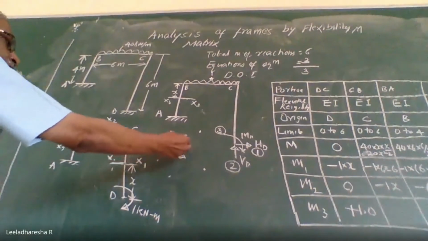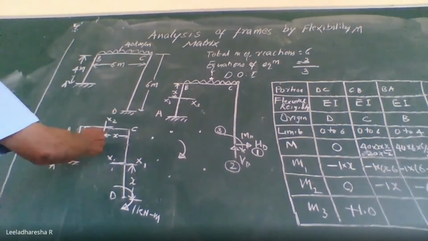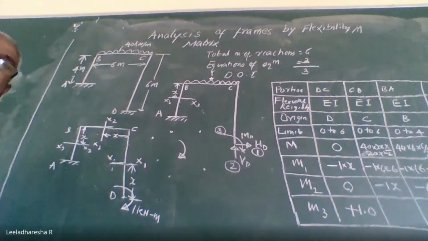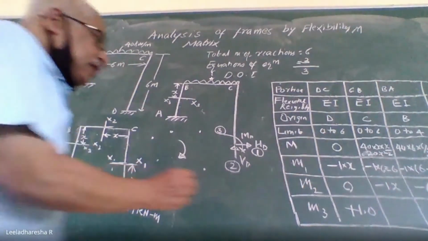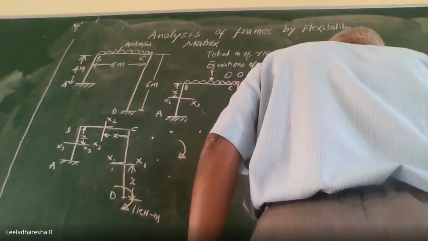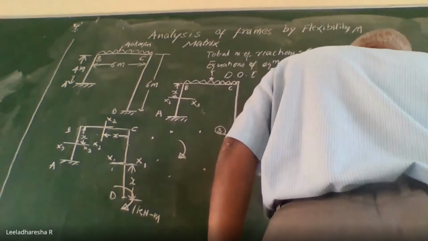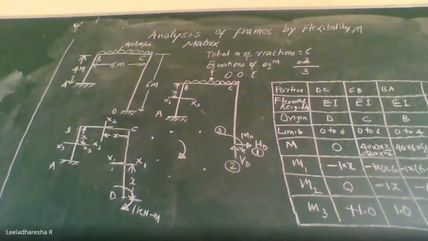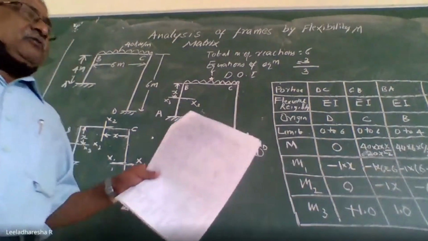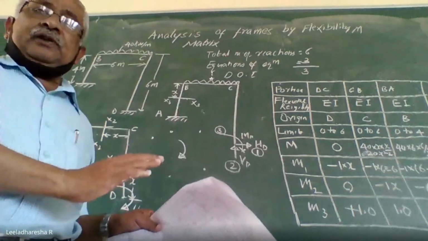Similarly, as I told you, you take the section anywhere, its effect is the couple itself, and the magnitude never changes. Therefore, it will be +1.0 bending moment. Again, in the next portion also it will be +1.0 kilonewton meters. See, my major part of the work is over, right?